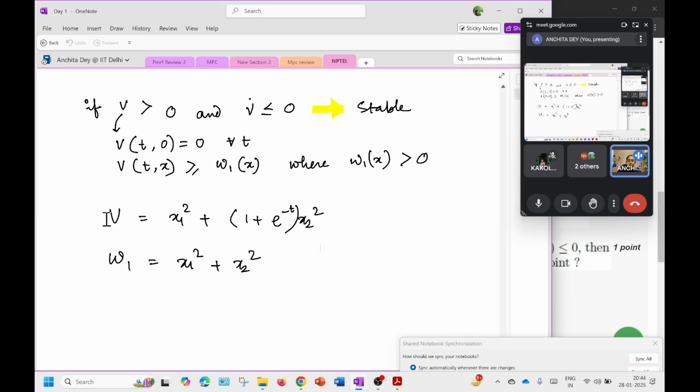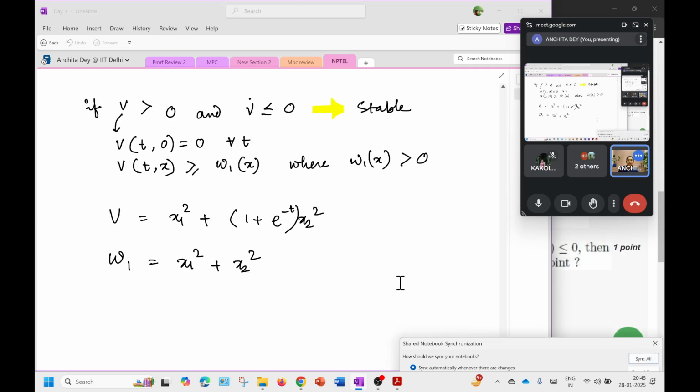So if V is equal to x1 square plus 1 plus e to the power minus t times x2 square. See, e to the power minus t, if t equals 0, then it would start from 1, and then as t goes to infinity, it goes to 0, right? So you can actually lower bound this function V using a function W1, which is equal to x1 square plus x2 square. If you plot these functions, you will see that x1 square plus x2 square, that is W1, will always lie below V. So V is therefore greater than or equal to W1.